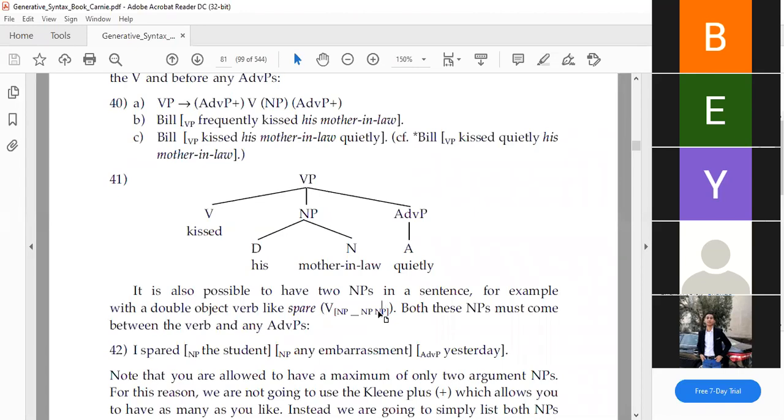The same thing: no adverbs between them and the verb. Both these NPs must come between the verb and any adverbs. The adverb shouldn't separate the NPs from the verb.